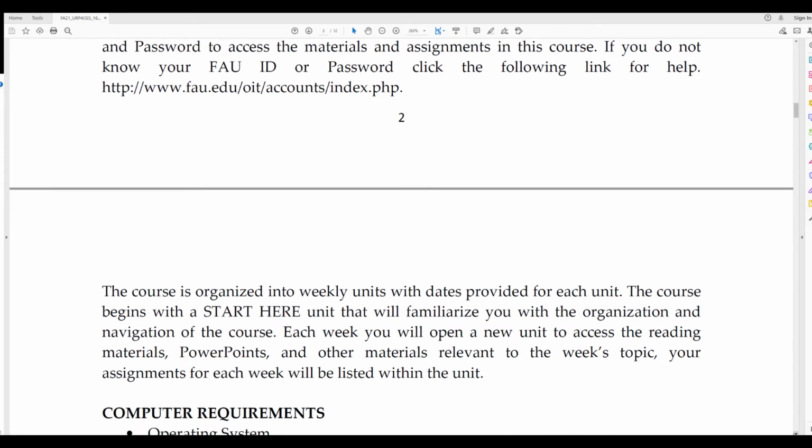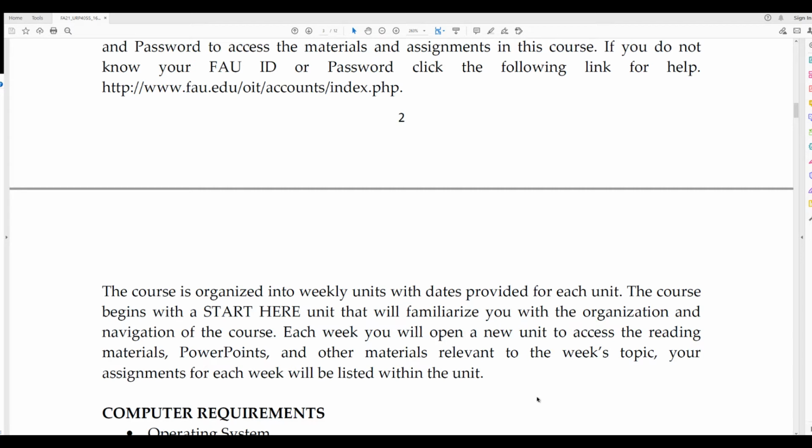And if you have difficulty accessing the materials, you should contact the FAU help desk, and also make sure you use your FAU ID and a password to access all the materials.